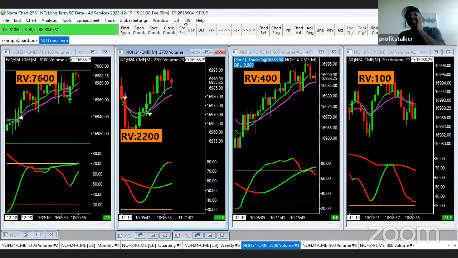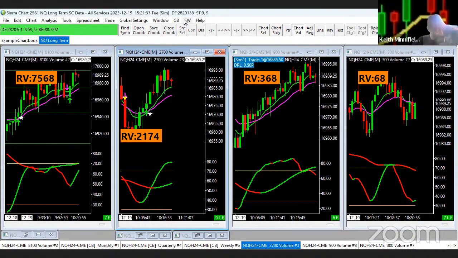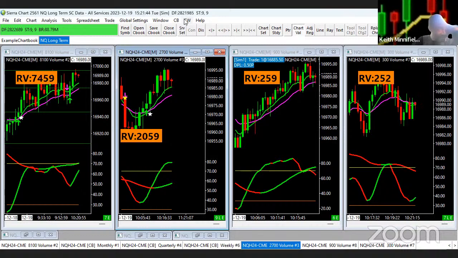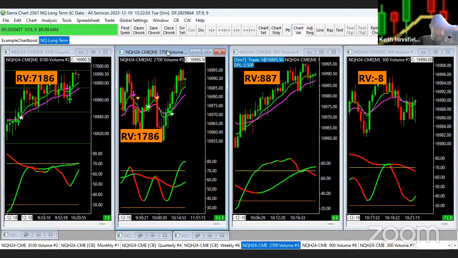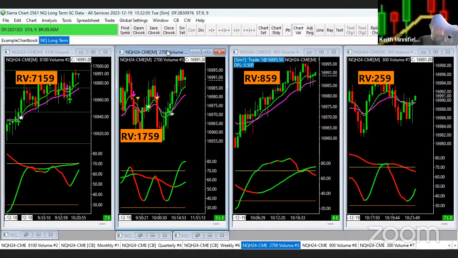All right, we'll watch it and see what happens. Like I say, it's in that range still. I don't see any divergence on the 900. It's possible. That's about 10 points.